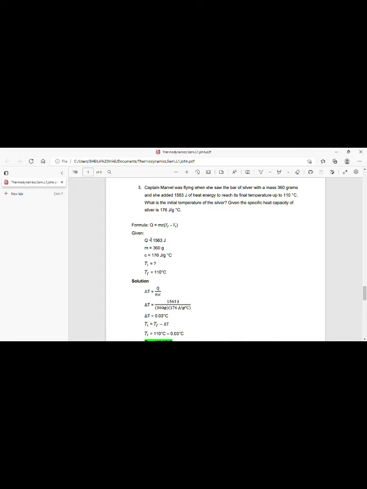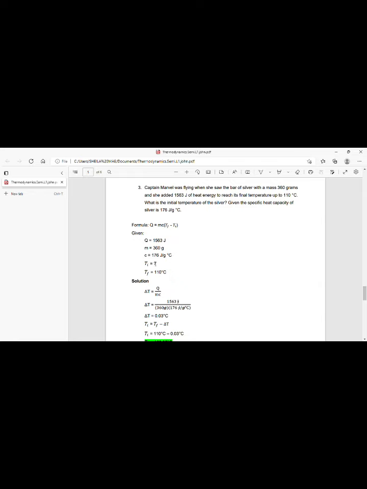Given the heat energy is equal to 1563 joules, the mass is 360 grams, and the specific heat is 176 joules per gram degree Celsius.